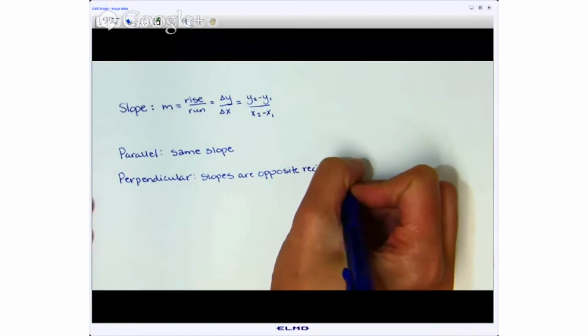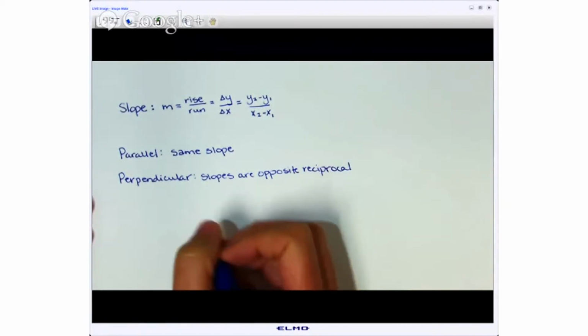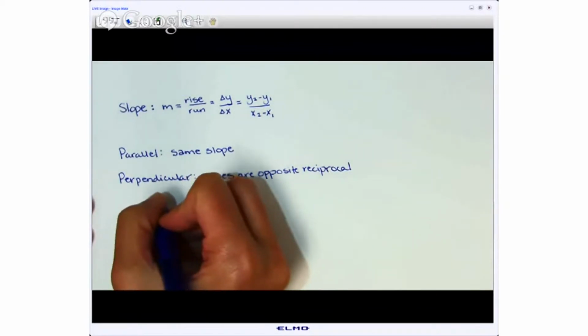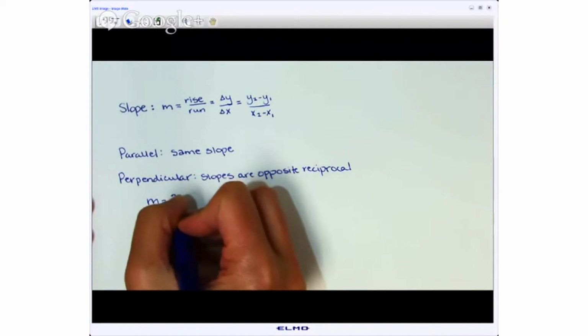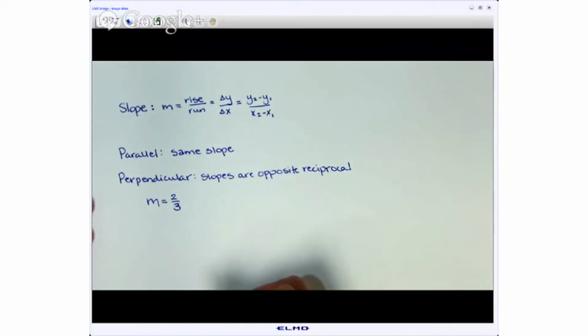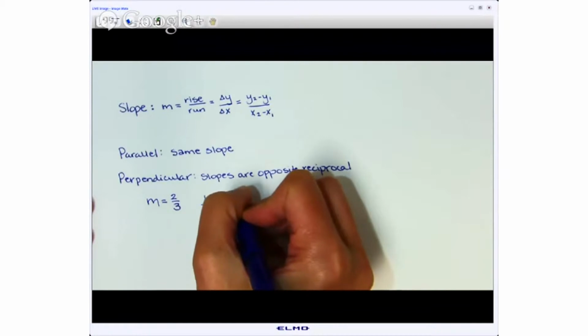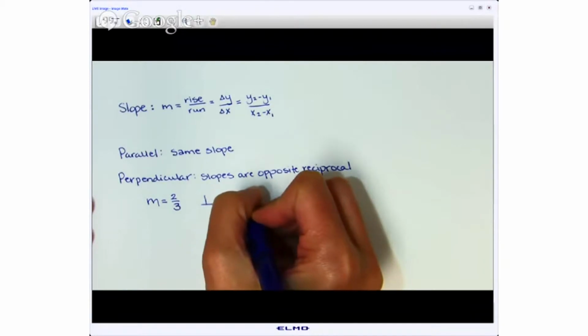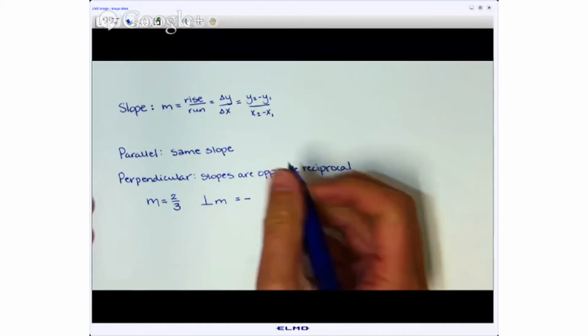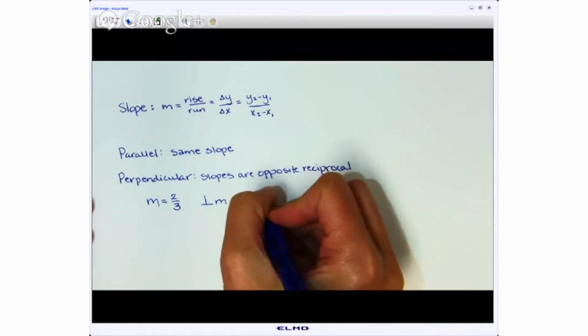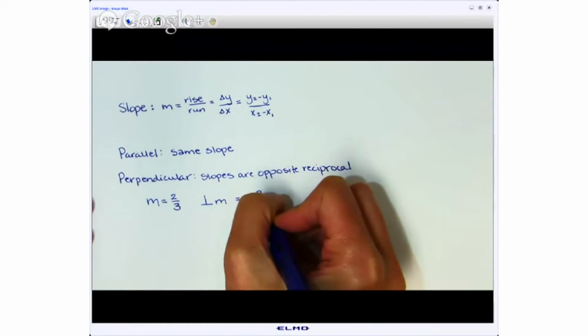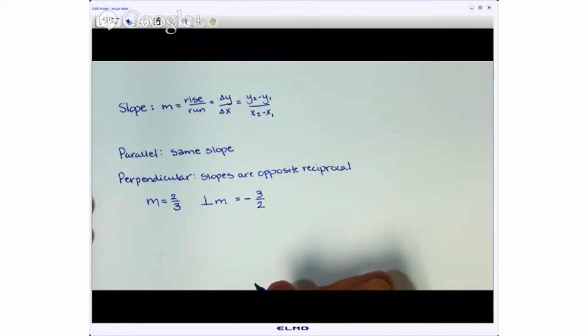If you think of something having an opposite reciprocal, I'm going to start by giving you a slope of a line that is 2 over 3, 2/3. If I asked you to come up with the slope of the perpendicular line, the slope is going to be the opposite, which means it has to be negative, and the reciprocal means that we simply change the numerator and the denominator.